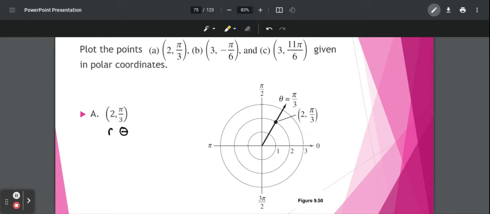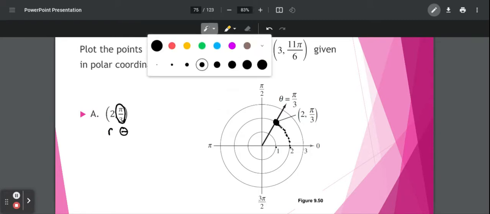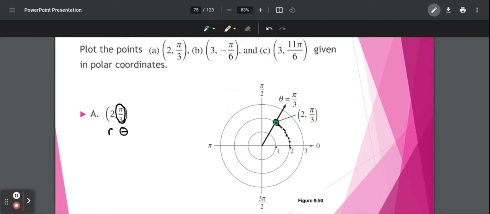So when r is 2, you would count out 2 from the center, and then you'd rotate pi over 3 along that second circle till you get to this point. And that point right there, no lines or anything else. So if you were plotting the point 2, pi over 3, you would just put a point right there. You will have to remember all of those different angle measures from your unit circle.